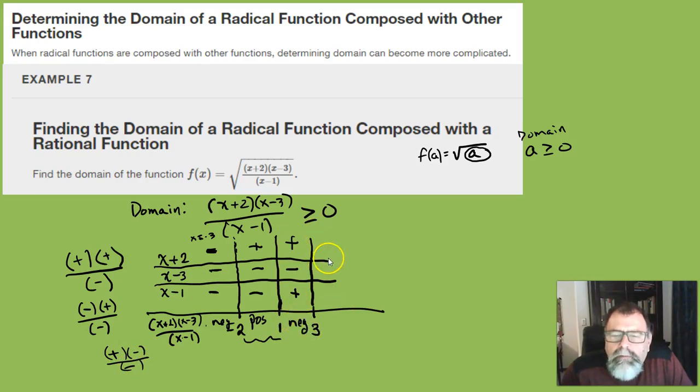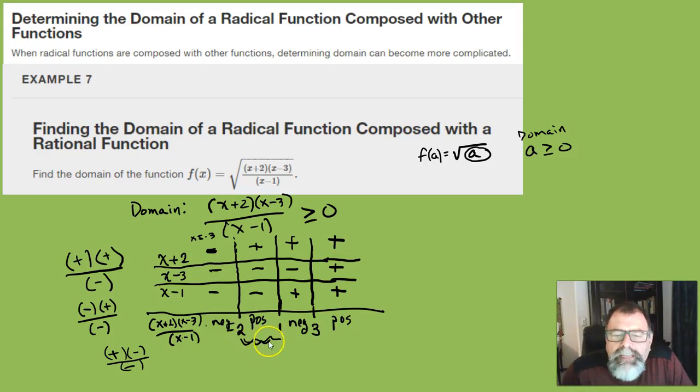And then here's the next interval from 3 to infinity. Let's see, if we picked x as 5. So 5 plus 2 is positive 7. 5 minus 3 is positive 2. 5 minus 1 is 4. So positive times a positive divided by a positive is positive.